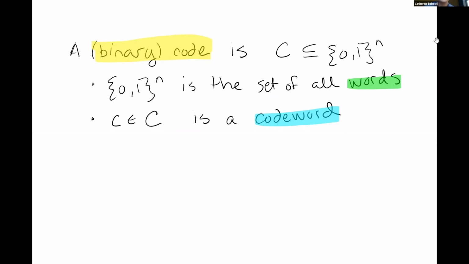So we're going to be considering strings of zeros and ones of length n. And all of those possible strings are called the set of all words. And a binary code is just a subset of all of the possible 0, 1 vectors of length n. If we have an element in that special subset we're calling our code, we call that a code word.